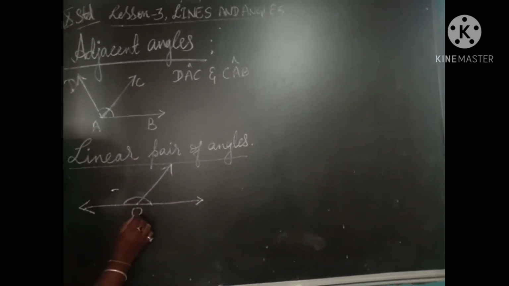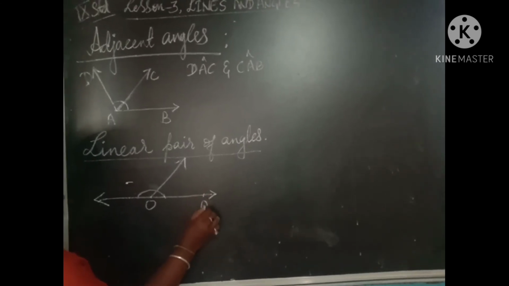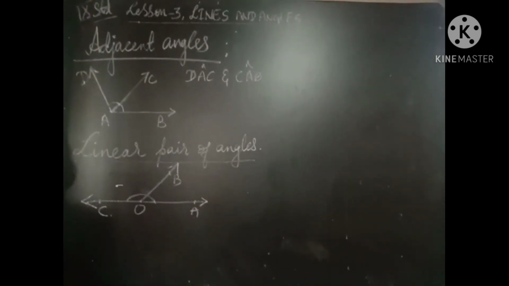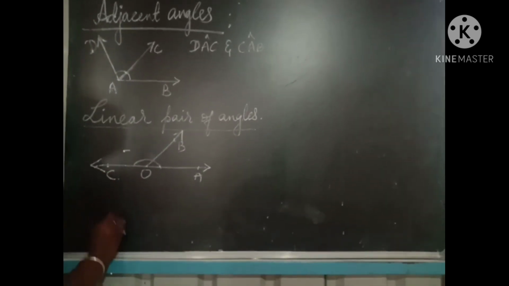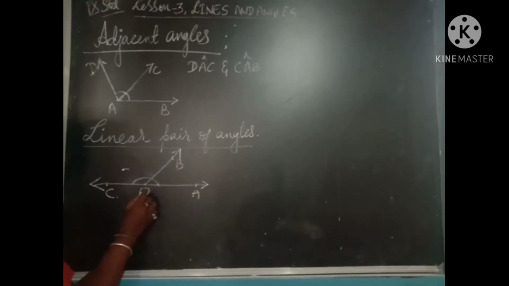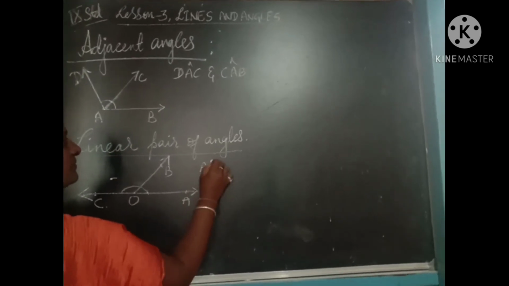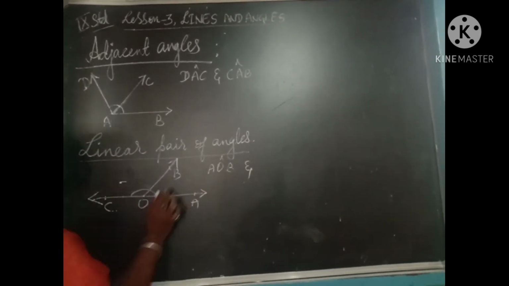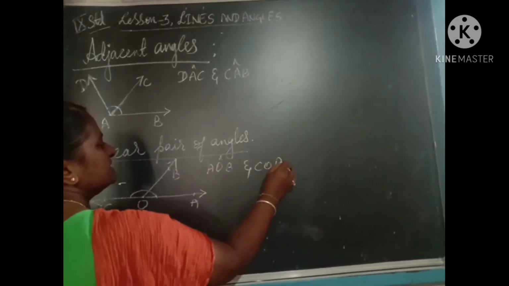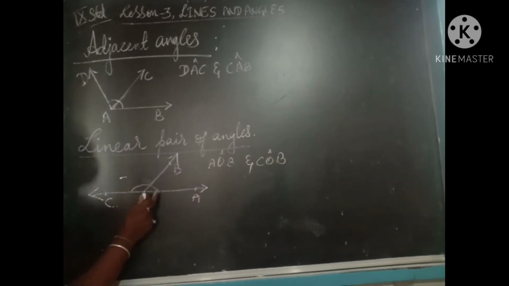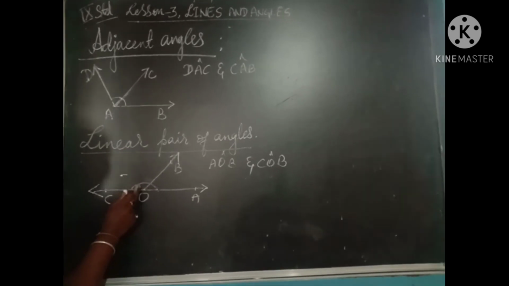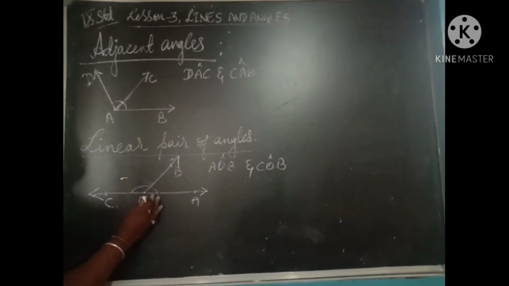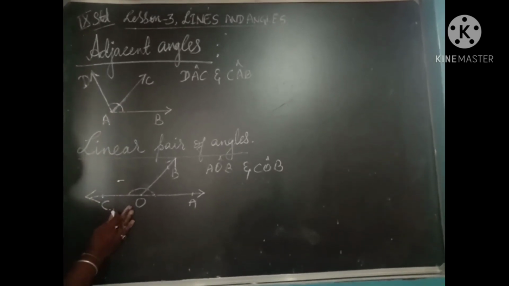Let us call these points O, A, B and C. Now let us see which are the linear pair of angles. Here AOB and COB, these two are the linear pair of angles. Children, now see the difference between adjacent angles and linear pair of angles.